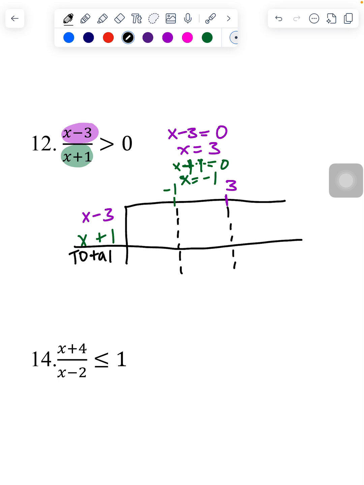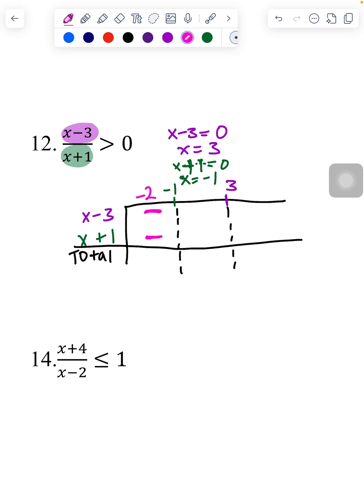All right, so again, I think about this top line as a number line. So I'm going to look at a number that's to the left of -1, or that is less than -1. In this case, I'm just going to choose -2 because that works. So if I plug in -2 into -2 minus 3, that will get more negative. That ends up being -5. And then we have -2 plus 1.